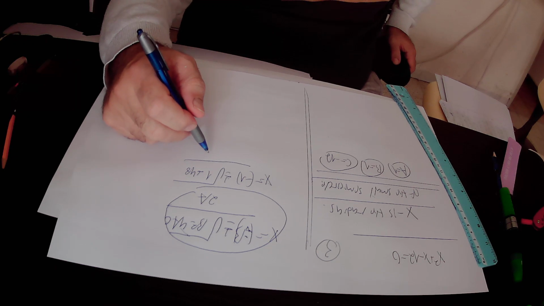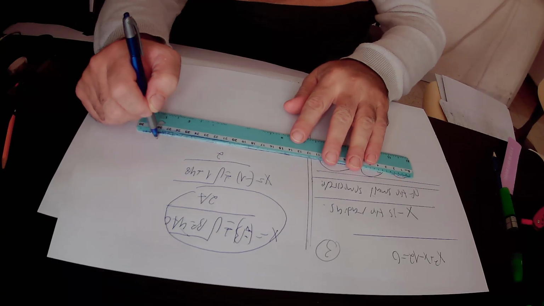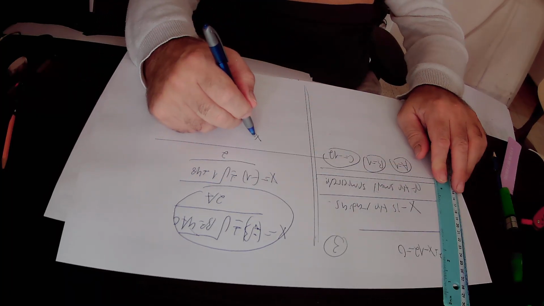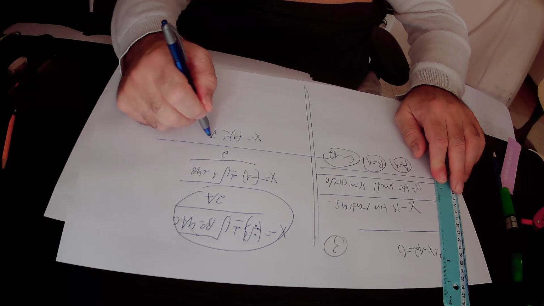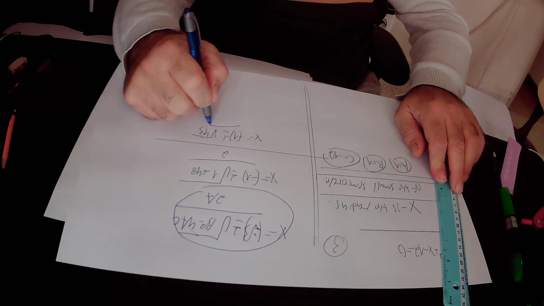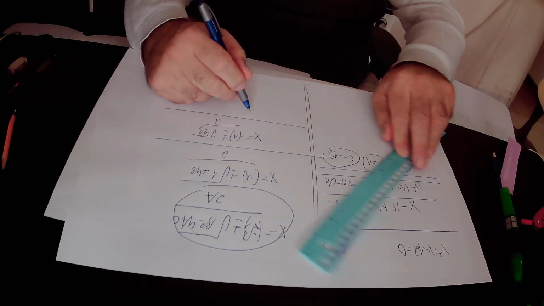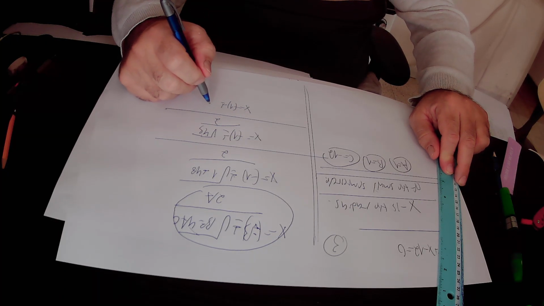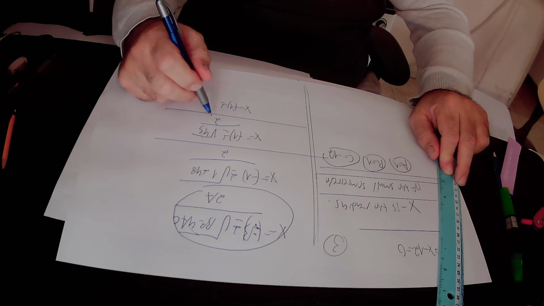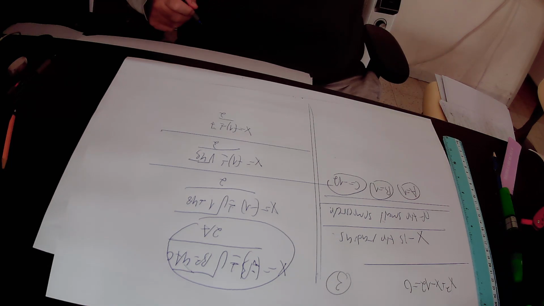A is 1, so 2a is 2. So x equals minus 1 plus minus square root of 49, which is 7, divided by 2. So x equals minus 1 plus minus 7 over 2.